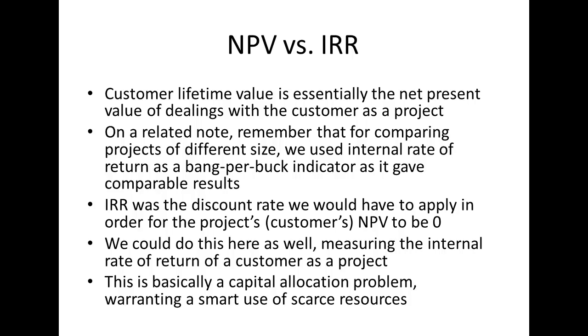So remember that internal rate of return was the discount rate that we would have to apply in order for the project's, in our case the customer's, NPV, net present value, to be 0.